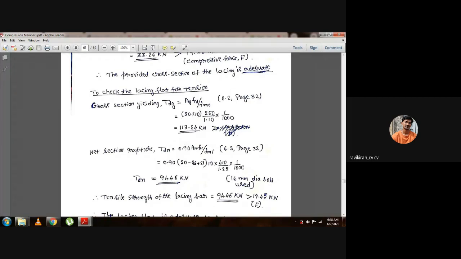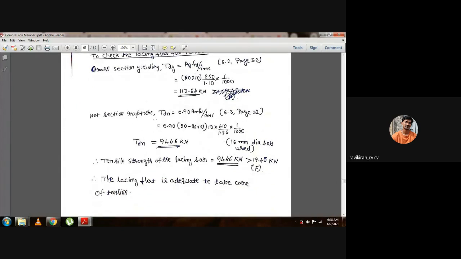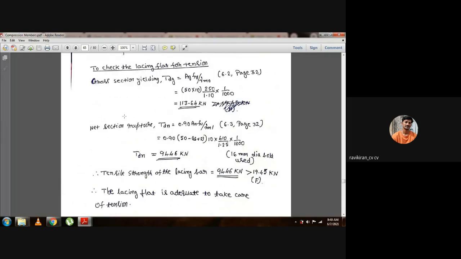So how to do this? For tension, there are two things you need to check. One is gross section yielding and net section rupture. These two are in design of tension members, that is the next module we are going to learn in detail. For now, just consider these two steps.